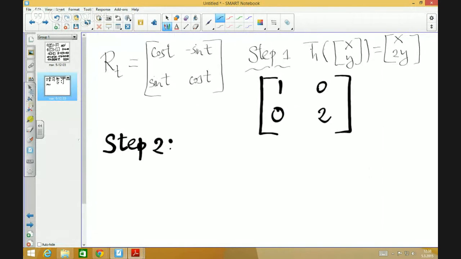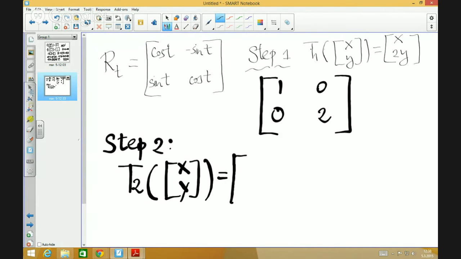Step two is a transformation T2 that takes xy and maps it to x minus y. That's exactly the reflection on the x-axis. For instance, you take the point 1, 1, and you map it to 1 minus 1.